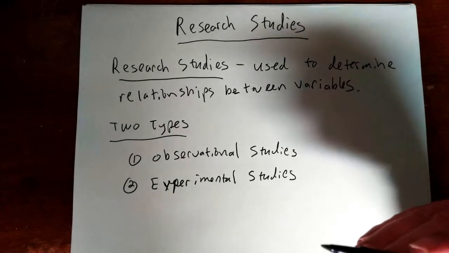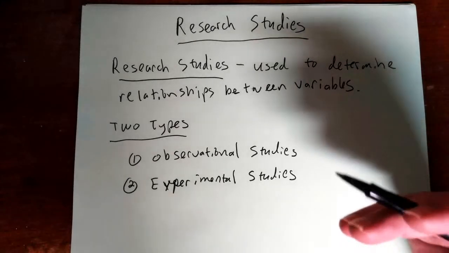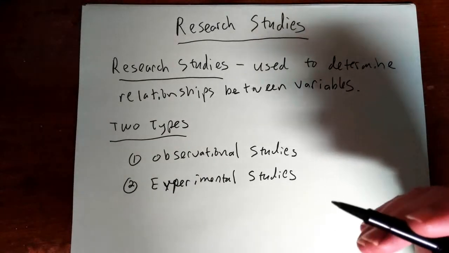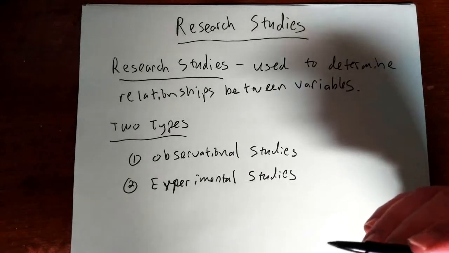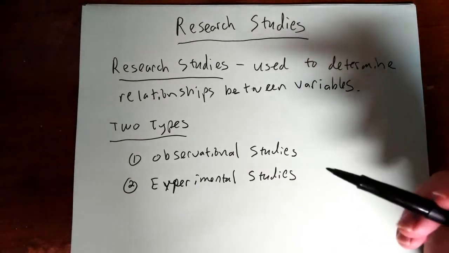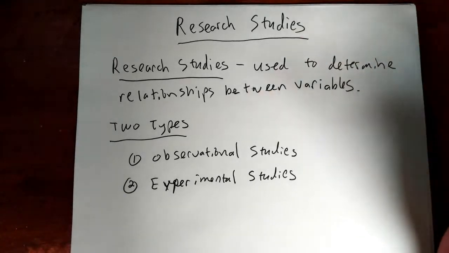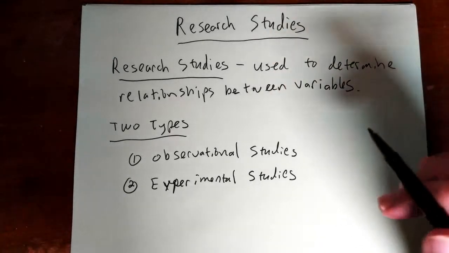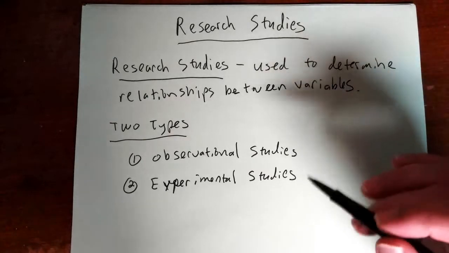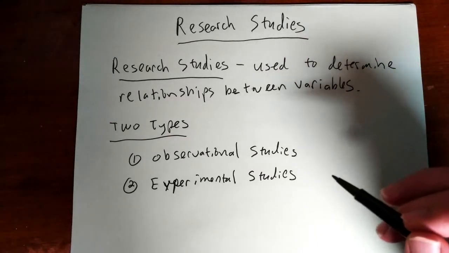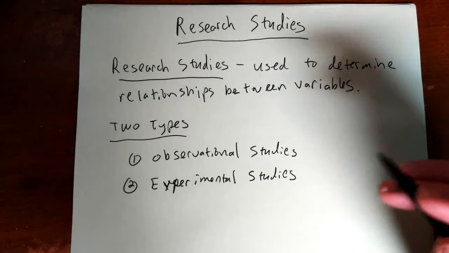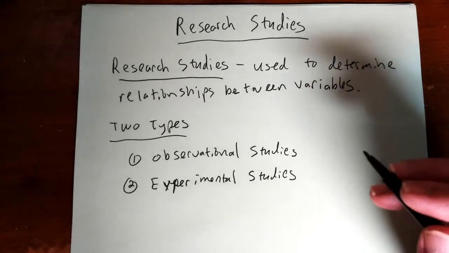And oftentimes the observational studies are called correlation studies. And it's important to realize that correlation does not show causation. That's a famous maxim in statistics. Just because there's a correlation or a relationship between two variables, that doesn't mean that it's a cause and effect relationship.